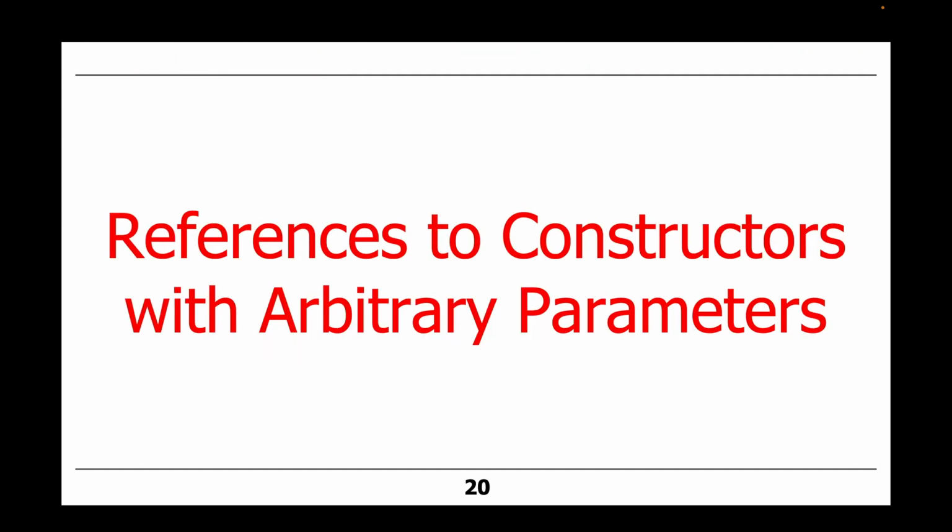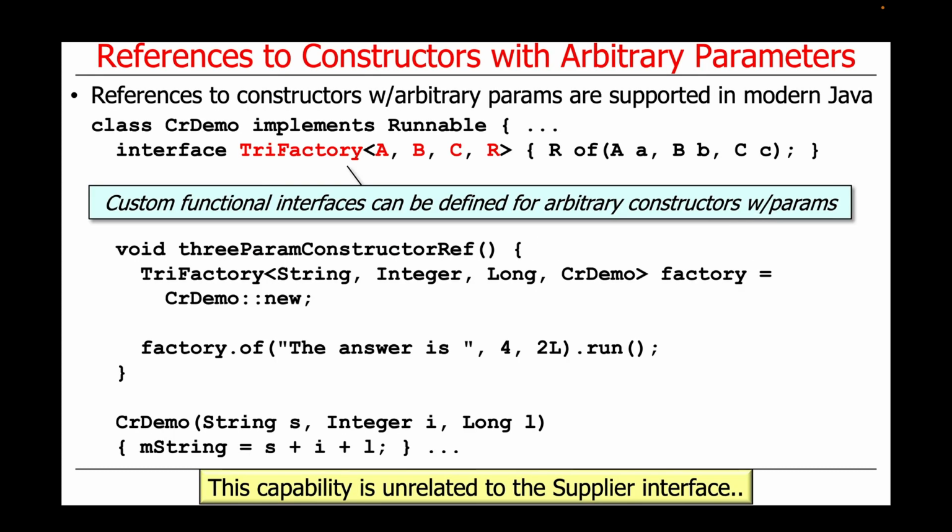Now that we've talked about the use of supplier, let's take one step back and generalize the concept of constructor references to take arbitrary parameters, as opposed to the zero parameter default constructors we've looked at up to this point. This particular capability is actually unrelated to the supplier interface, but it is an interesting thing to be aware of. References to constructors with arbitrary parameters are now supported in modern Java.